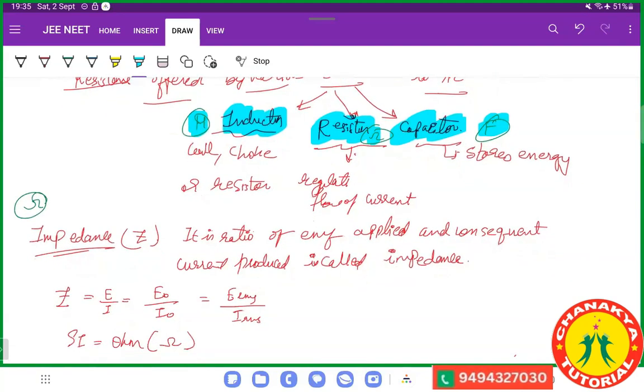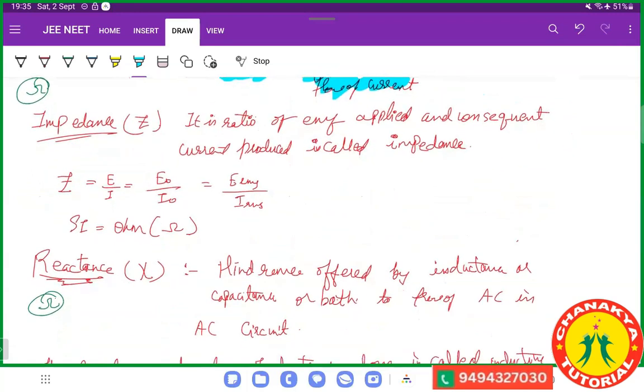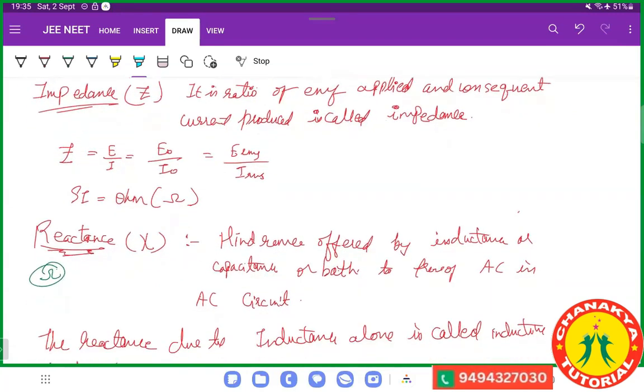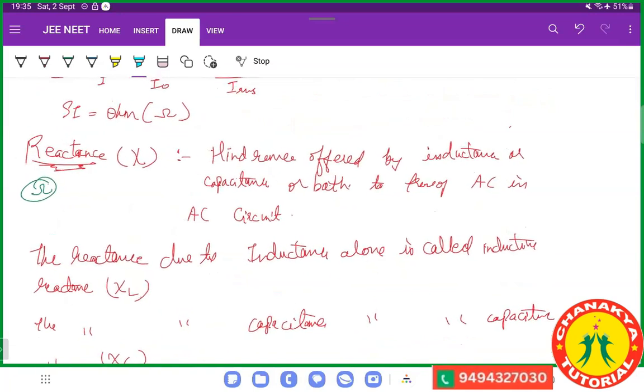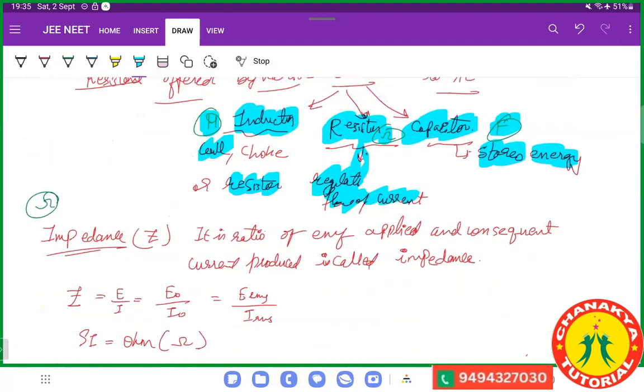An inductor is a type of resistor used in a coil, and a capacitor stores energy. A resistor regulates current flow, which we already know. All these are types of resistance.